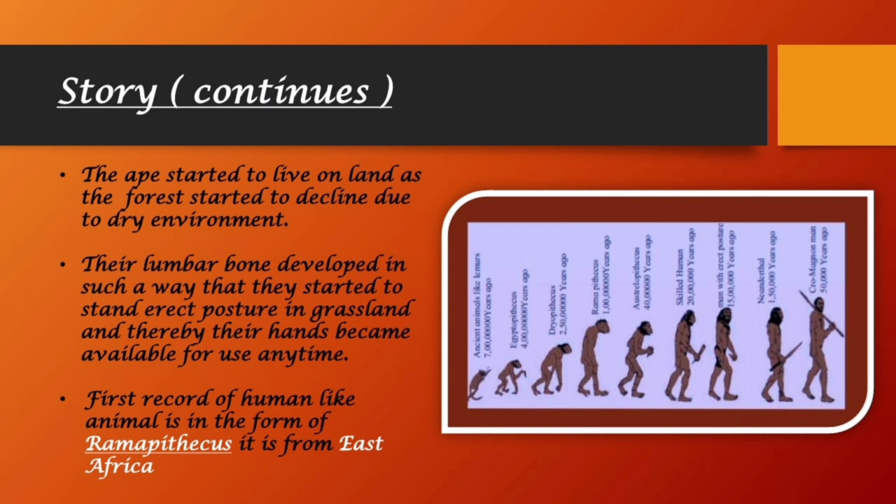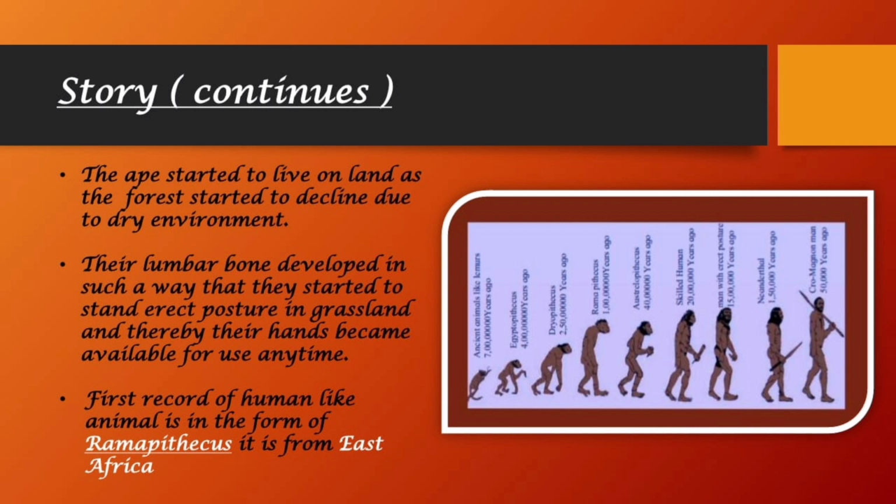The first record of a human-like animal is with us in the form of the Ramapithecus ape from East Africa. Afterwards, this ape grew in size and became more intelligent, and thus the ape of South Africa evolved about 40 lakh years ago.